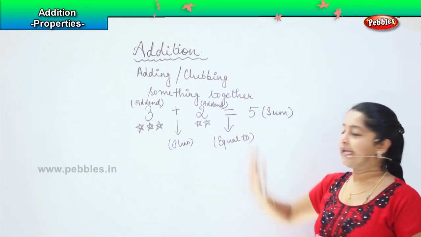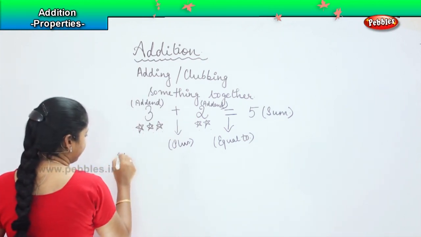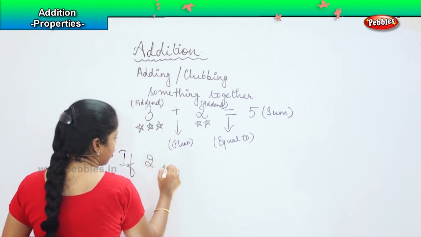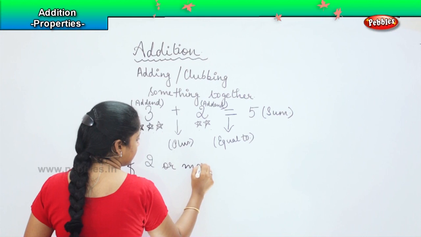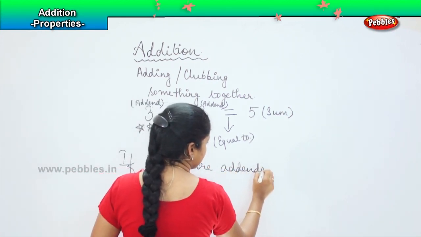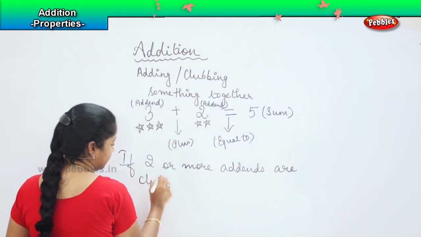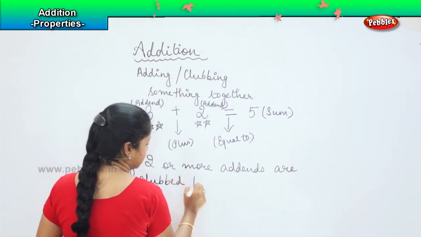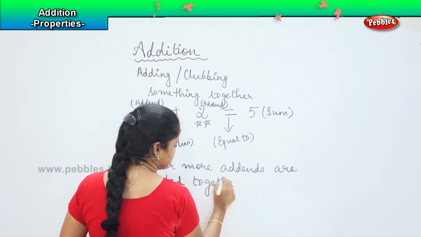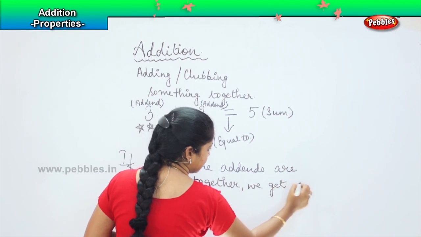Okay, to put it in mathematical terms, how will we say that? If 2 or more addends are clubbed together, we get the sum.